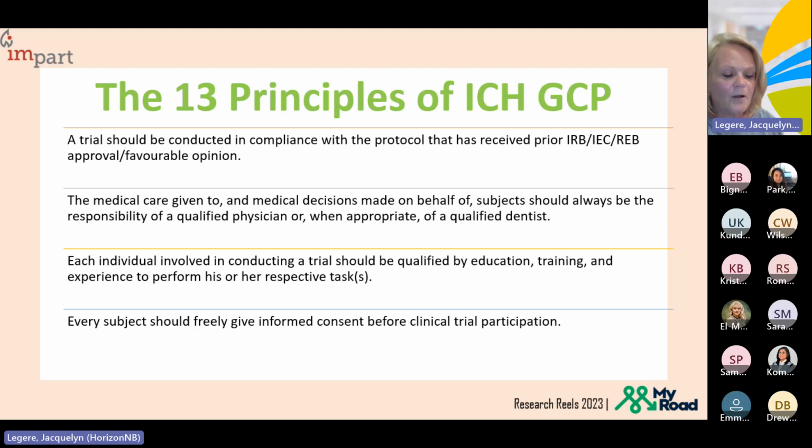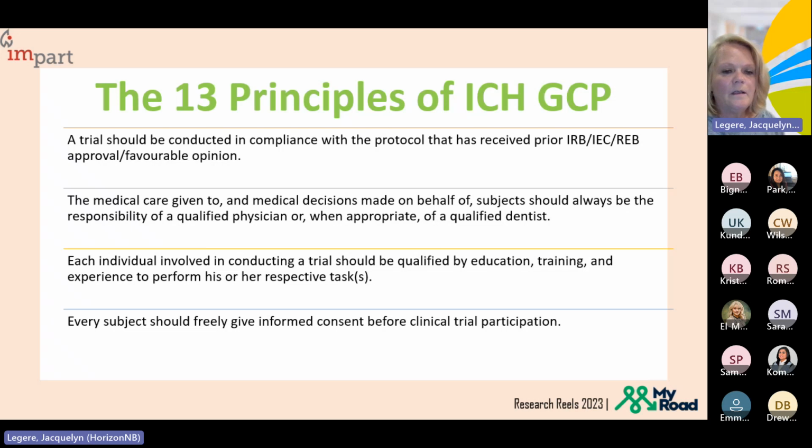When they come to a site, they want to see that your principal investigator, if they're doing a clinical trial in oncology, is an oncologist and has experience, qualified by education, so medical education in oncology and training in research. So they're going to look at their CVs to determine whether or not they have those important qualifications. And that's also the responsibility of the Research Ethics Board, to ensure that qualified investigators have the appropriate training in order to undertake that trial.